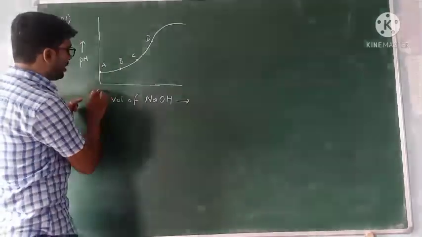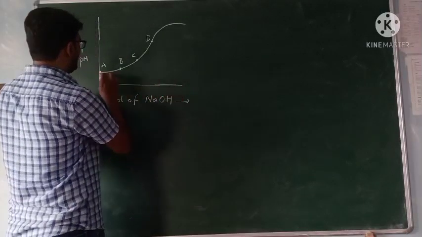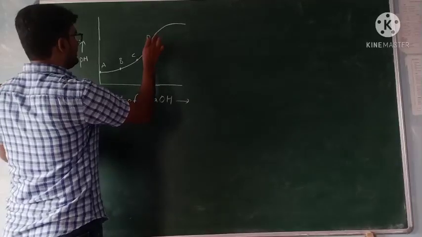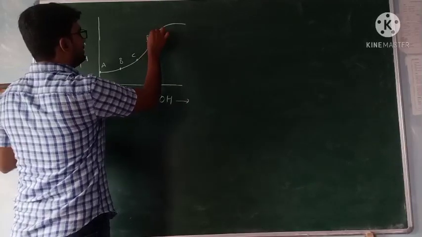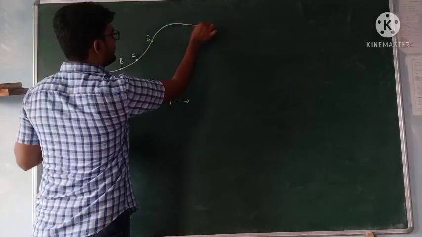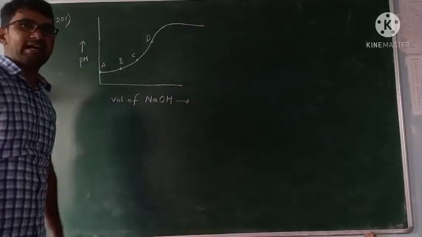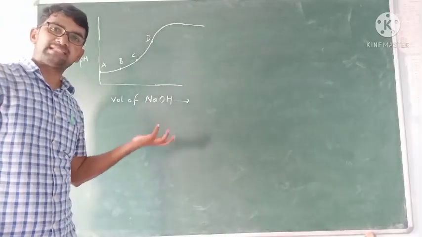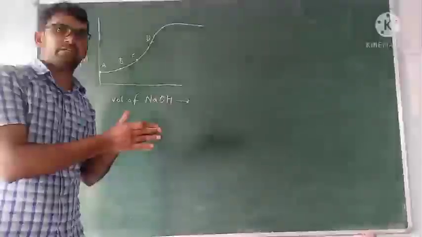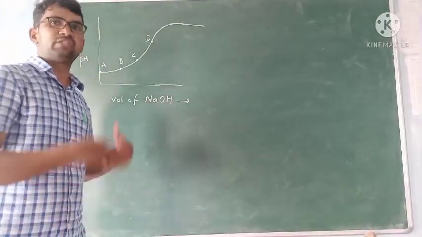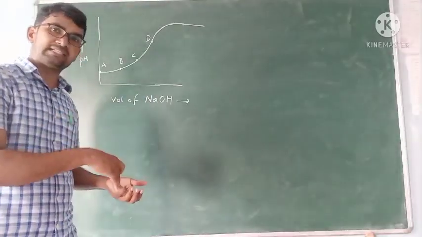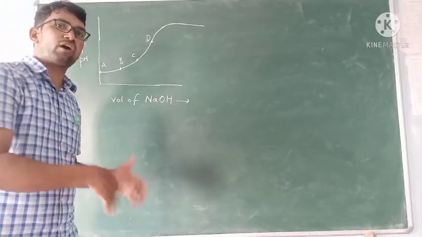Sir, as the volume of NaOH increases, of course neutralization also increases. After this point, the concentration of NaOH increases. Why does the NaOH concentration increase? Because the acid already present is neutralized with NaOH. After that, if NaOH is added, only NaOH is present because the acid is already neutralized, meaning salt formation is completed.